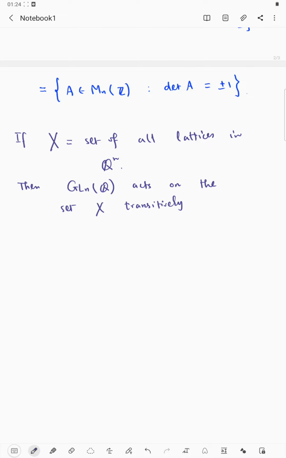So if X is the set of all lattices inside Qn, then the group GLN Q acts on the set X transitively. I think we don't need this result.